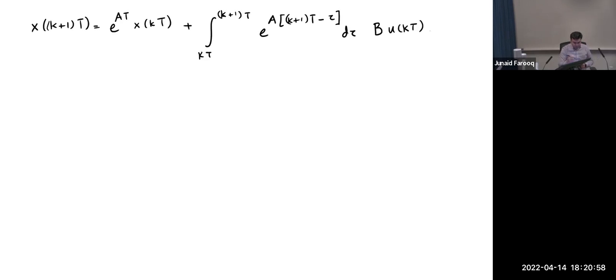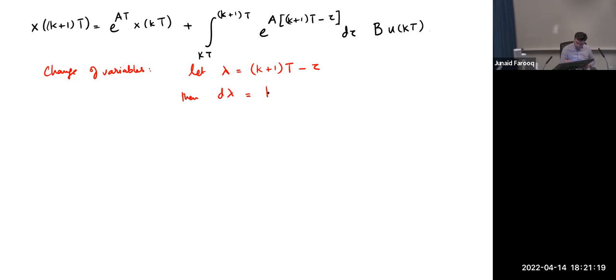Right, so now we are going to change the variables. Let lambda equal (k+1)T minus tau. Then d lambda is simply minus d tau.